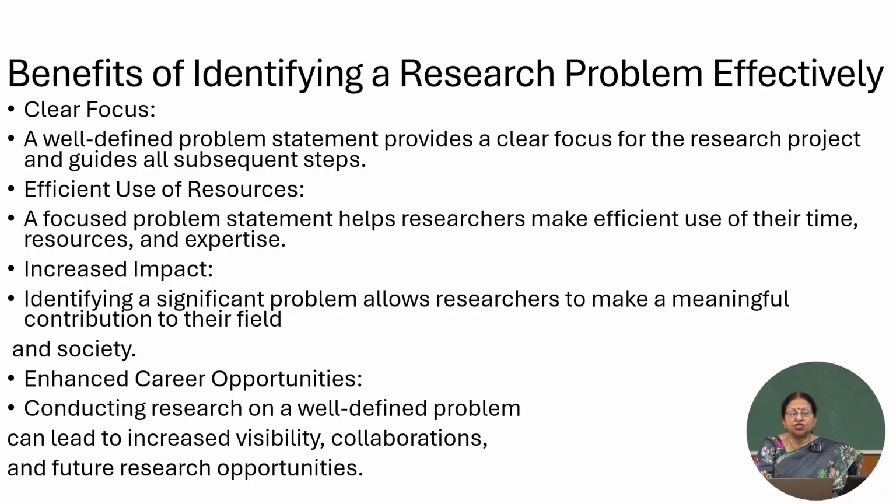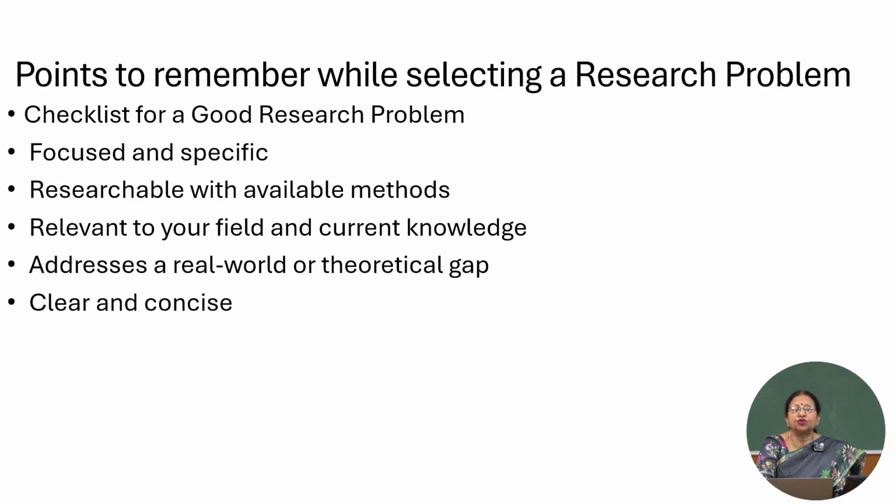Enhanced career opportunities. Conducting research on a well-defined problem can lead to increased visibility, collaboration, and future opportunities. So, points to remember while selecting a research problem: a checklist for a good research problem is focused and specific, researchable with available methods, relevant to your field and current knowledge, and addresses a real world or theoretical gap.